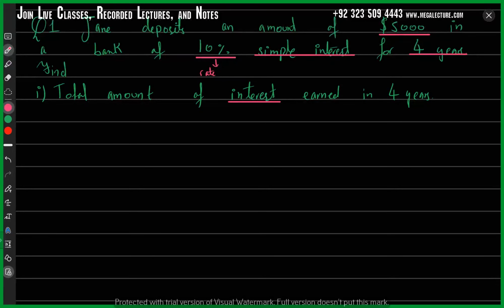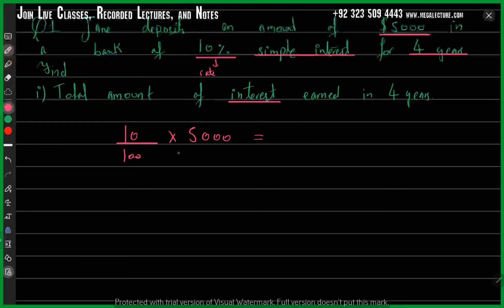So we know that it's simple interest, so it would be 10% of the initial amount or the deposit amount, that is $5,000. So I can write it as 10 divided by 100, because 10% means 10 divided by 100 and of means multiplication.